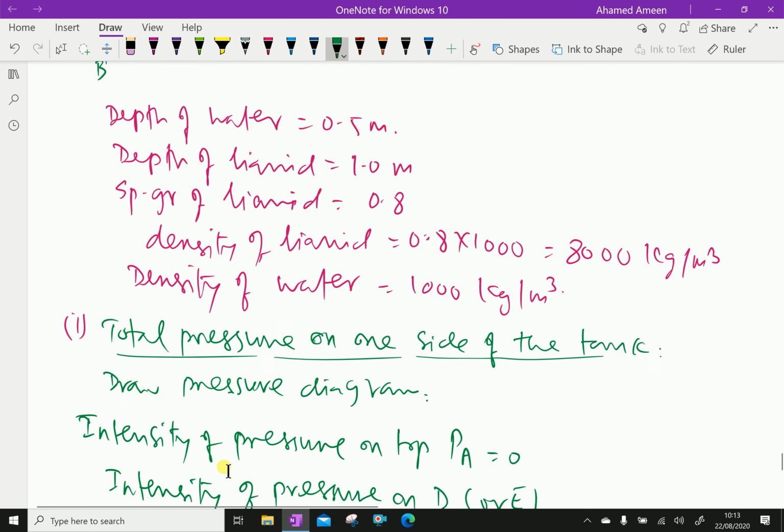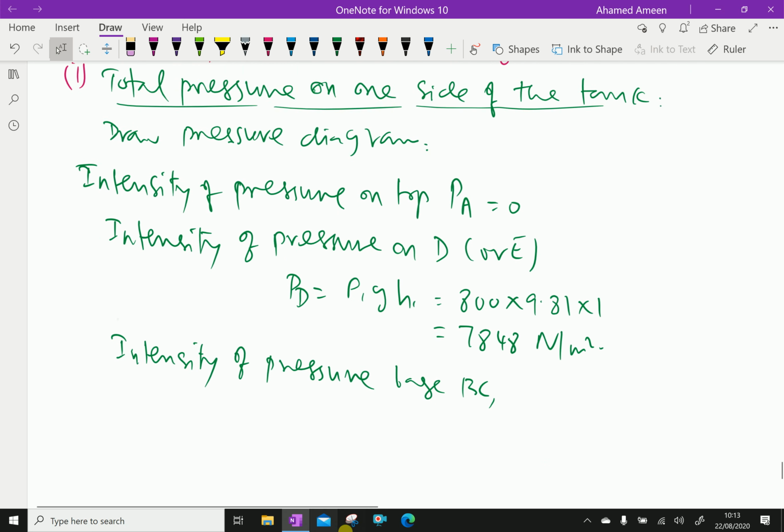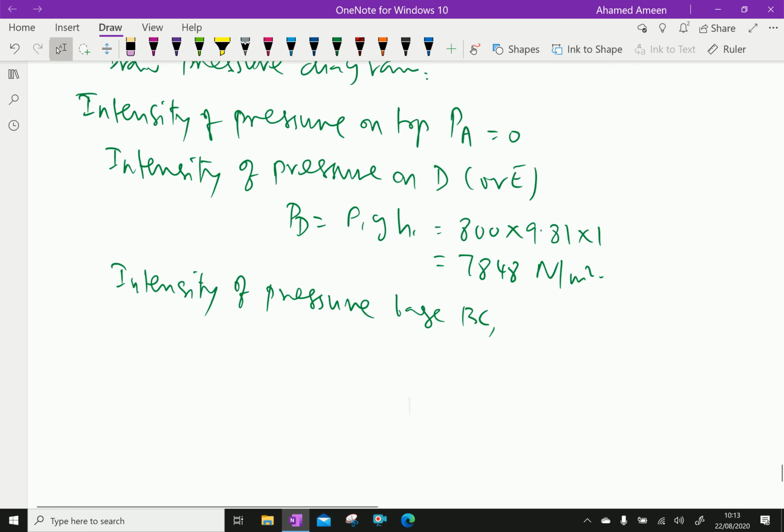Here the intensity of pressure on C, we can put some other letter here, on base BC.